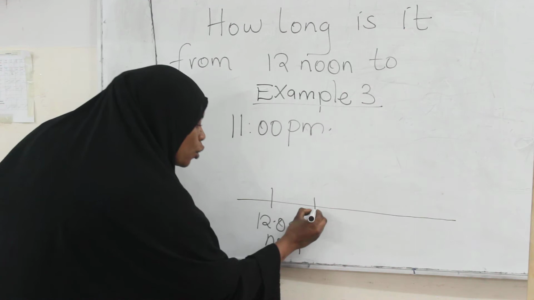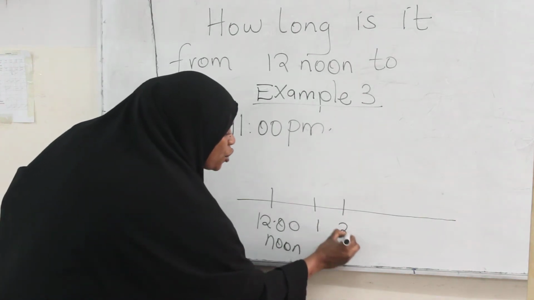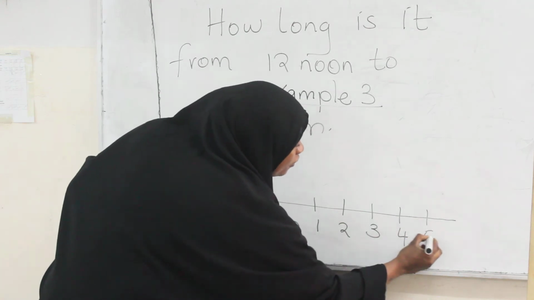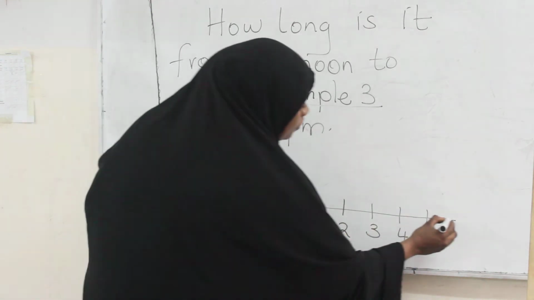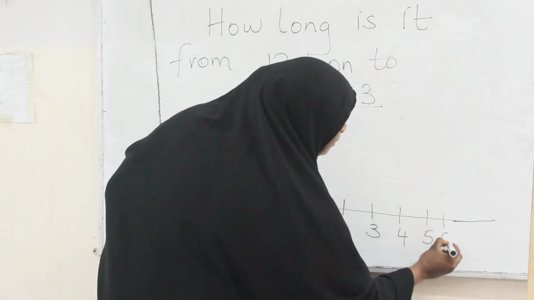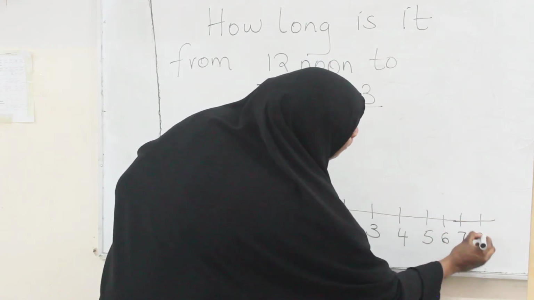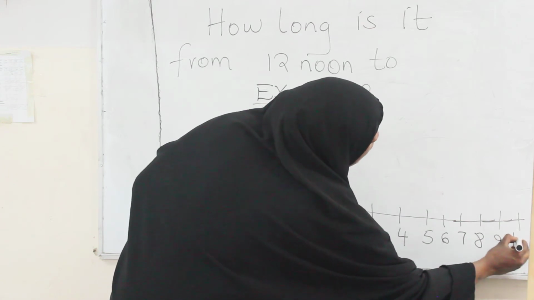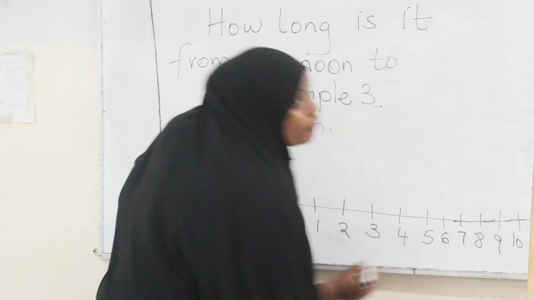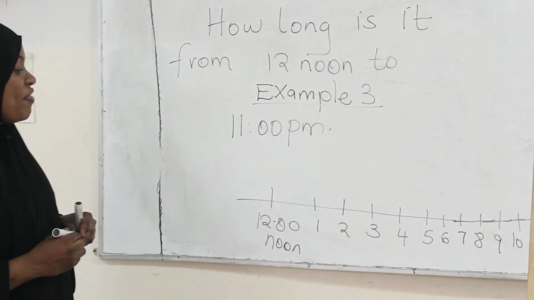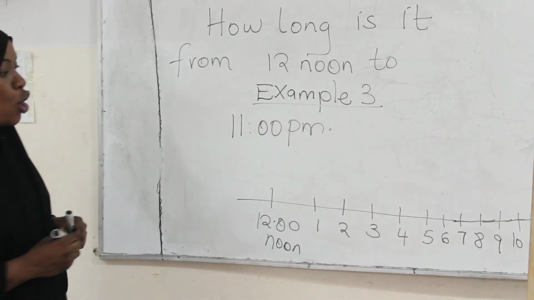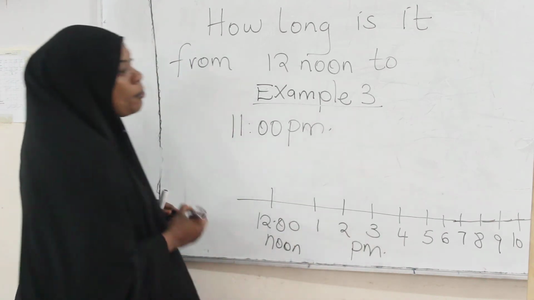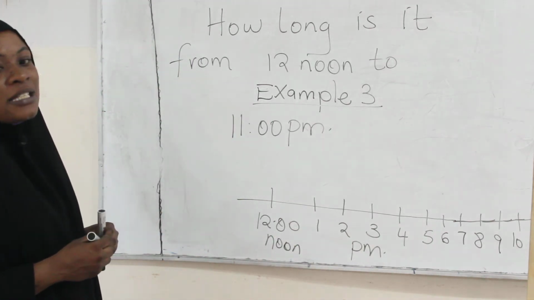After 12 we go to 1, then 2, 3, 4, 5, 6, 7, 8, 9, 10, and 11. The times afternoon are all in p.m. because they have passed midday.